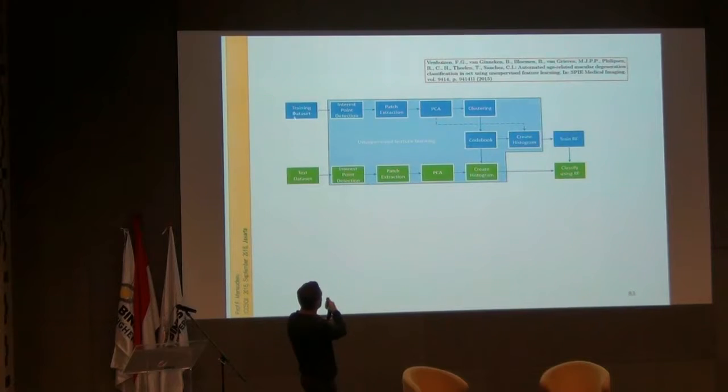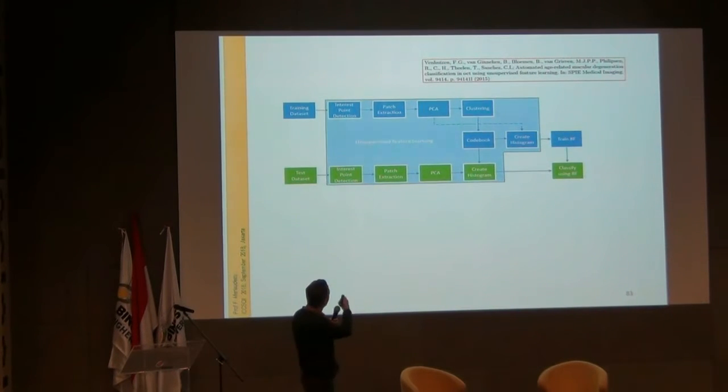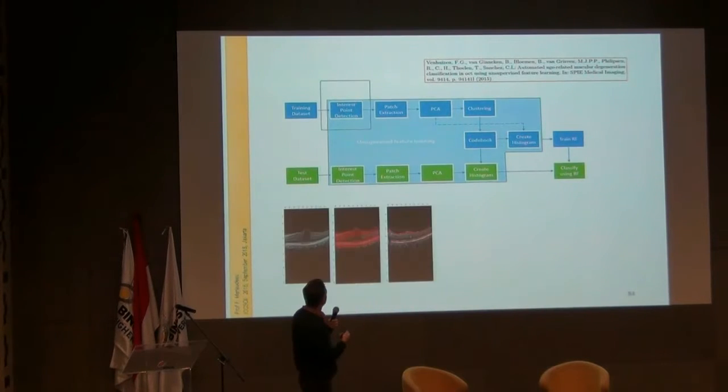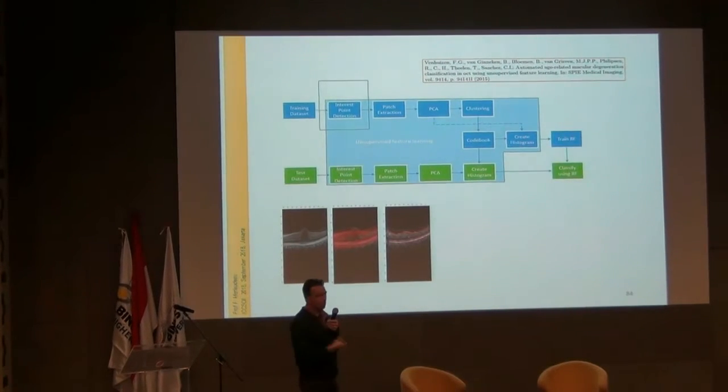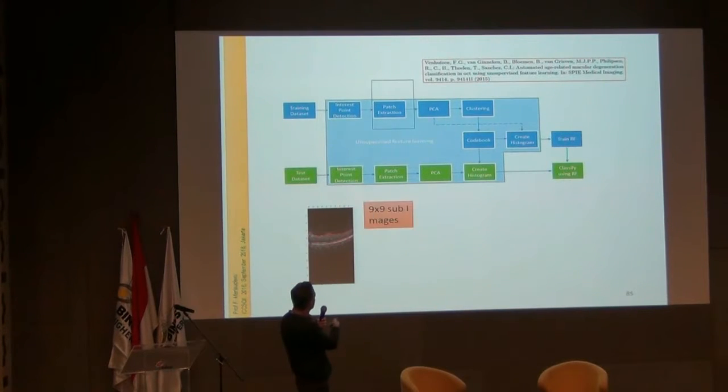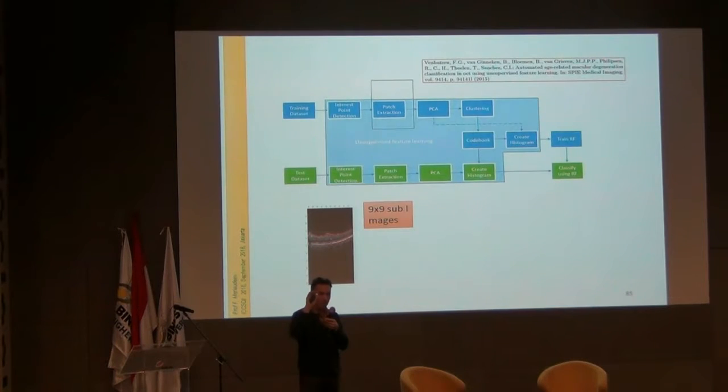Their technique was nice in the sense that first you get an image, and they detect interest points just by taking the gradient information. That means you have a lot of those points, so they do a subsampling. On each of those points, they do a patch extraction, taking a small window around each interesting point. It's a 9 by 9 image, but a 9 by 9 image is nothing more than an 81 by 1 vector.